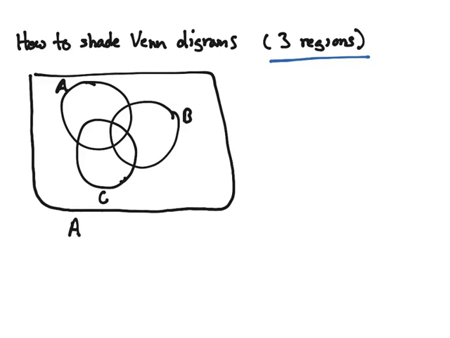The intersection of A and B and C. So it's like the intersection of A and B and then intersection C.